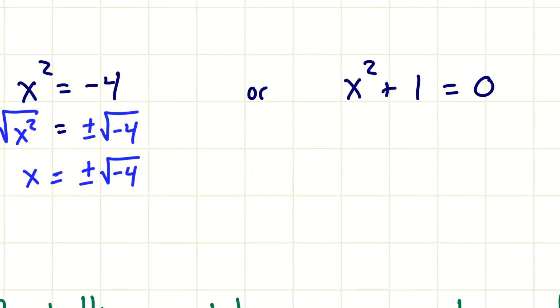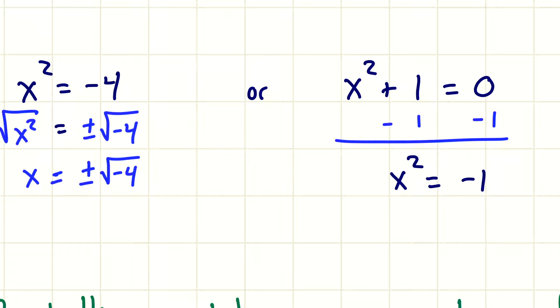If I subtract 1 from both sides, you'll notice that I'm left with x squared equals -1. And then if I square root both sides, I'm going to be left with x equals plus or minus the square root of -1. Again, we have a negative in the square root.